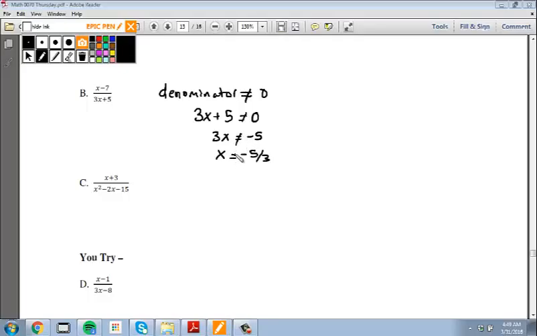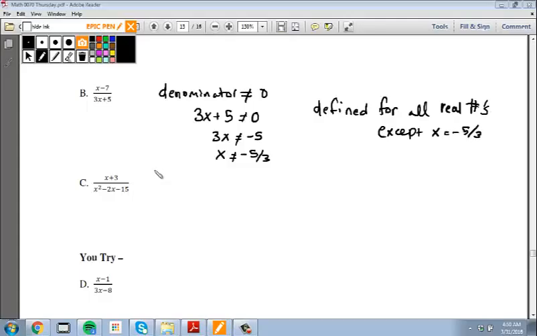So we know that x cannot equal negative 5 over 3. So this is defined for all real numbers except x is equal to negative 5 over 3. Again, you can think about it like this. We can substitute any number in for x except for negative 5 over 3, and we won't get a 0 in the denominator.